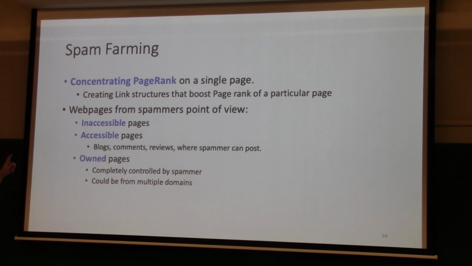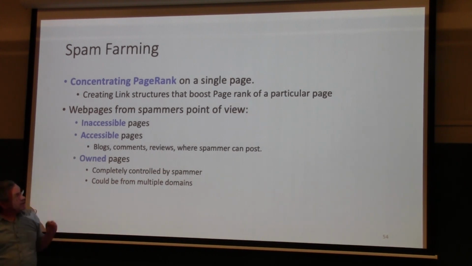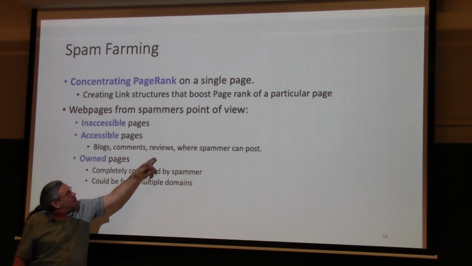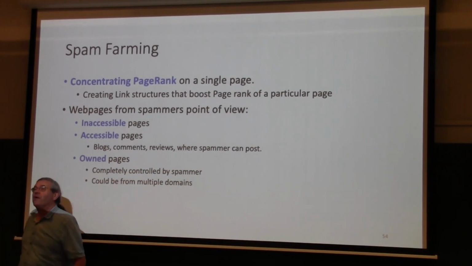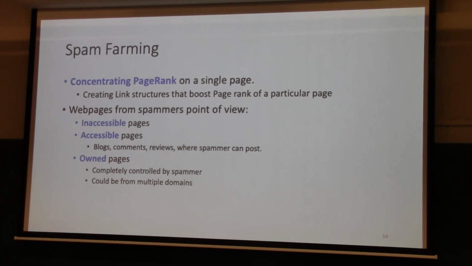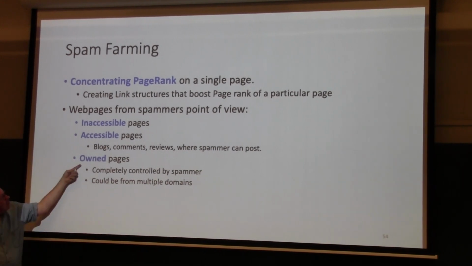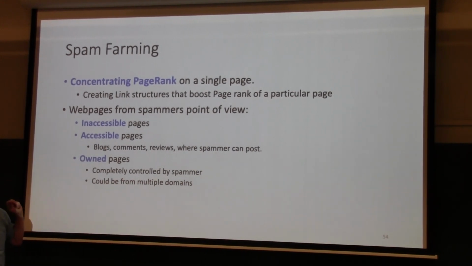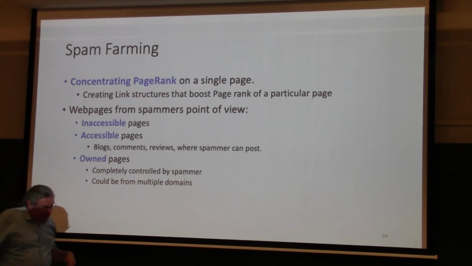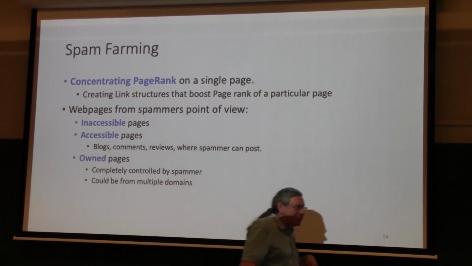Most of them are inaccessible. Then there's accessible pages. These are pages owned by other people, but I can add something to them. Blogs, for example, or comments, reviews. I can post there. So I can put something there, even though I'm not the owner. It's called accessible pages. And finally, there's a small number of pages that are owned by me, the spammer. These are called owned pages. So how can I use this?